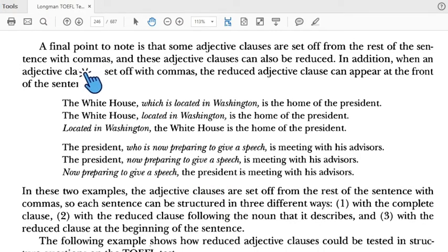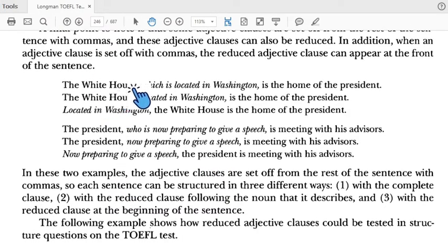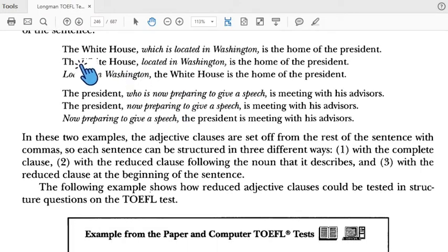Well, this one too we can make reduced. Look at the example. The White House, which is located in Washington, is the home of presidents. Okay, there's a comma, is a verb, subject.